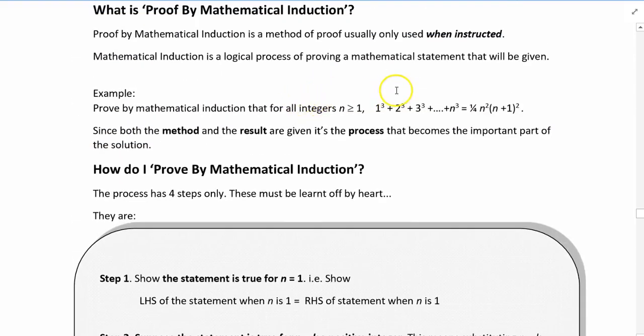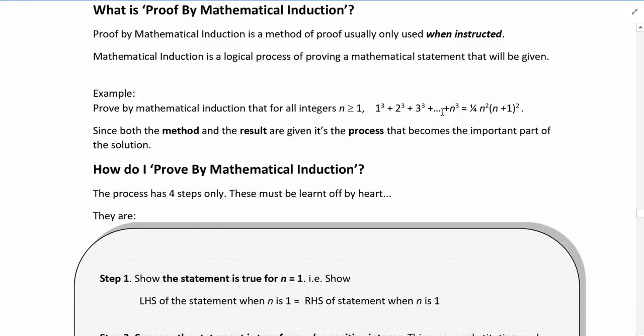So back here, we would just have when n is equal to 1, left-hand side equals 1 cubed. Right-hand side equals 1/4 of 1 times 2 squared, is that right? Which is 4, and 1/4 of 4 is 1, which was the left-hand side.